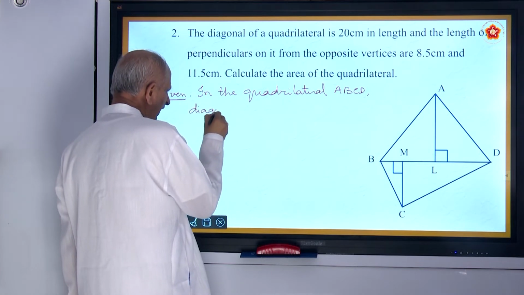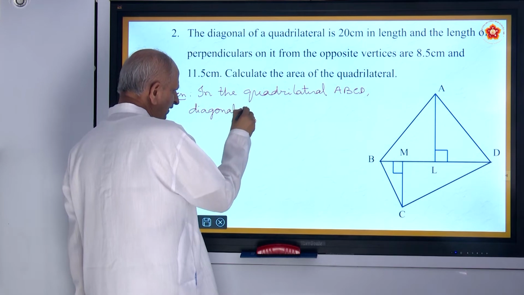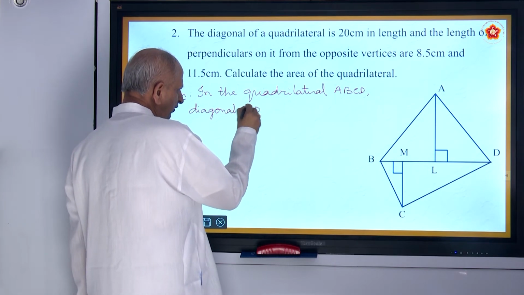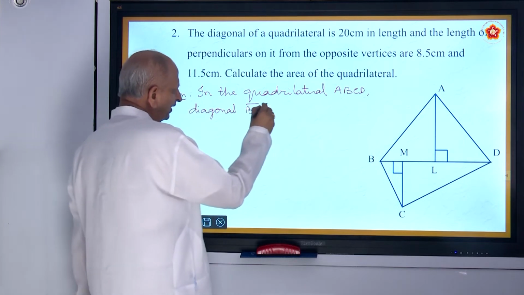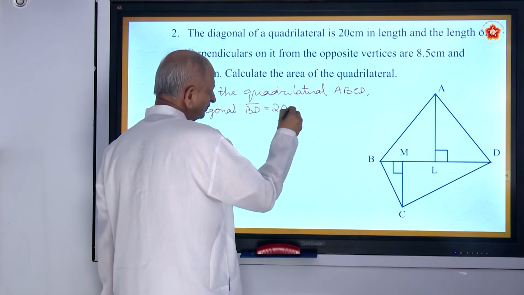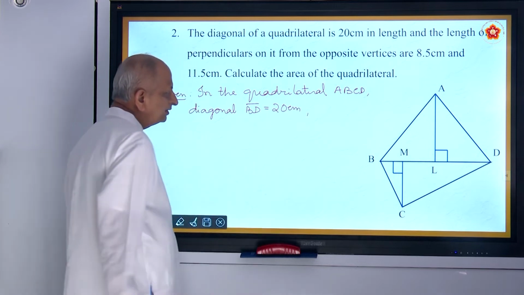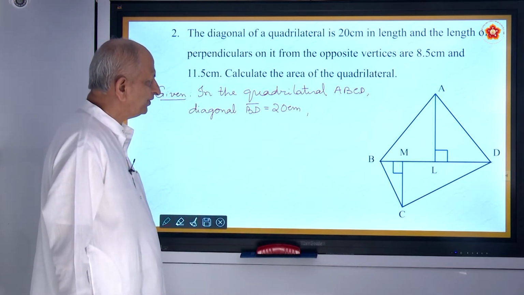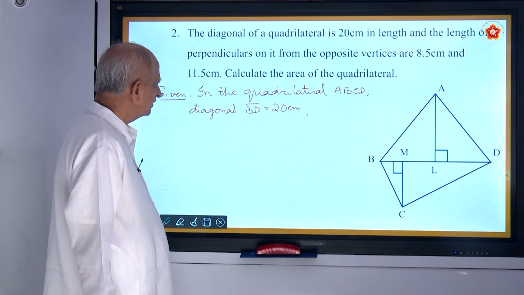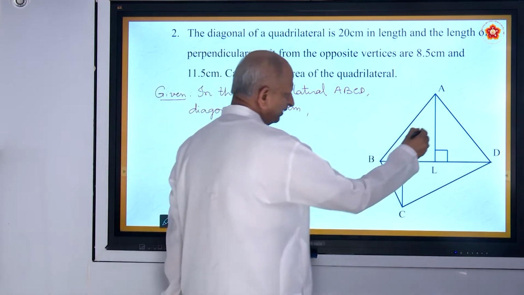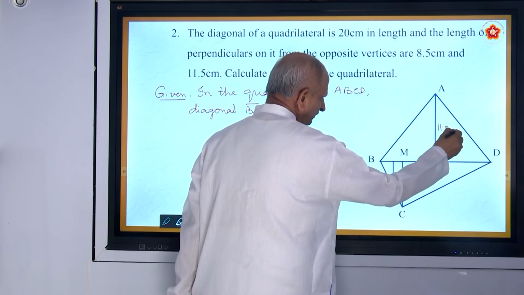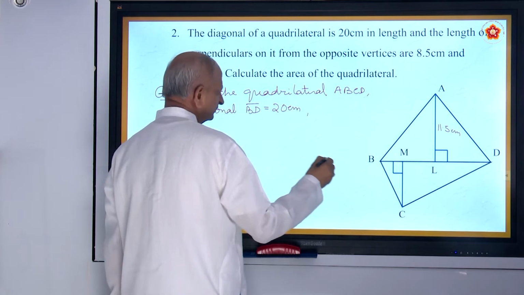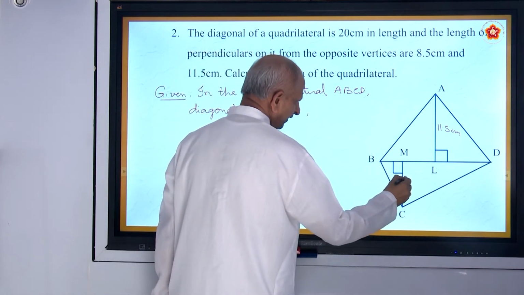So, one of the diagonals, the length of BD, is equal to how much? 20 centimeters. And heights from opposite vertices are given. One height is 11.5, another height is 8.5.